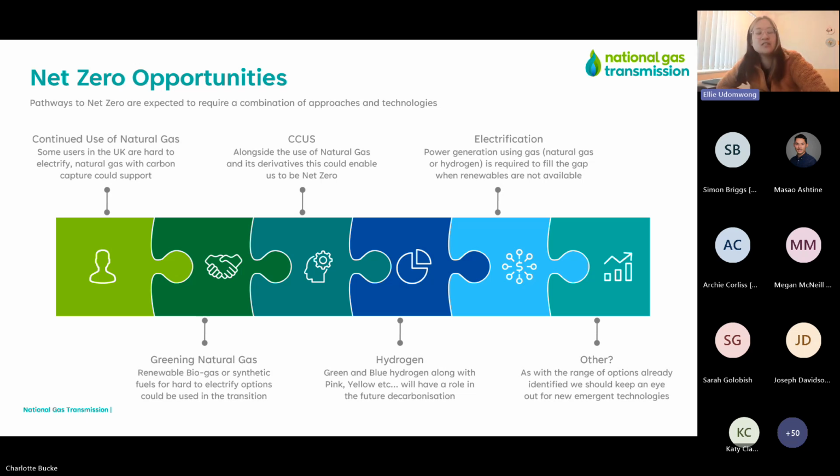As we look to the future, reaching net zero will require a combination of approaches and technologies. Some sectors in the UK are hard to electrify, so the continued use of natural gas will still have to be there, especially in combination with carbon capture.